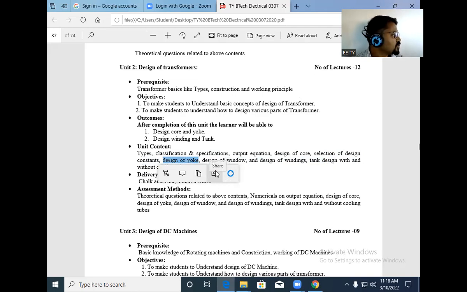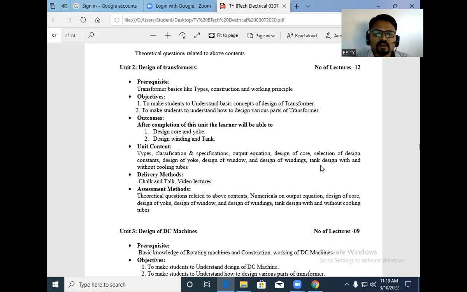Next, design of window. Next, design of windings.